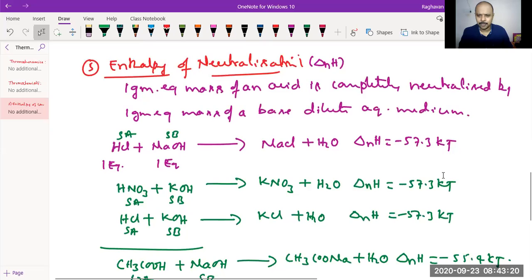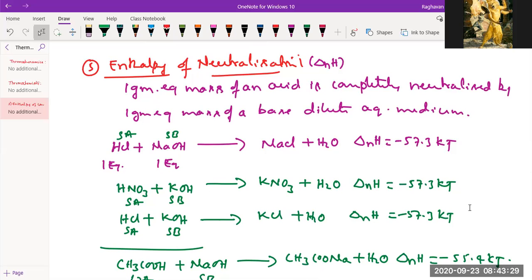Okay, we'll answer the first part. Why is it constant in strong acid and strong base? Sir, in strong acid and strong base, only the forward reaction occurs. There is no backward reaction possibility. In case of weak acid and weak base also only the forward reaction takes place, because salts by and large are strong. They don't again dissociate to give acid and base.